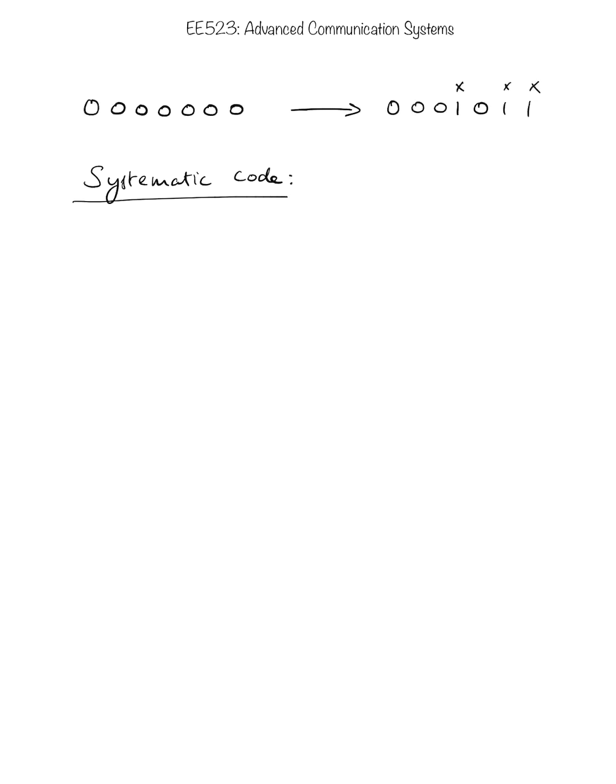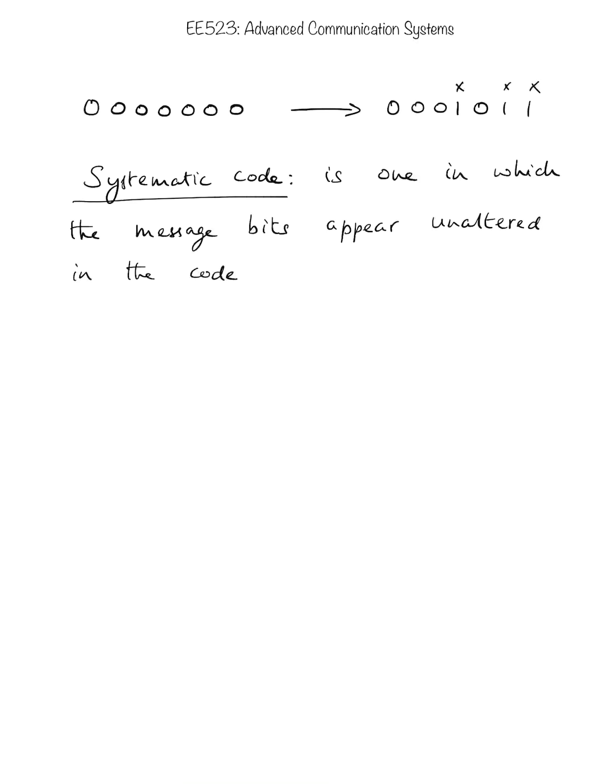A systematic code is one in which the message bits appear unaltered in the code word. They may be in the beginning part of the code word or at the end part of the code word.